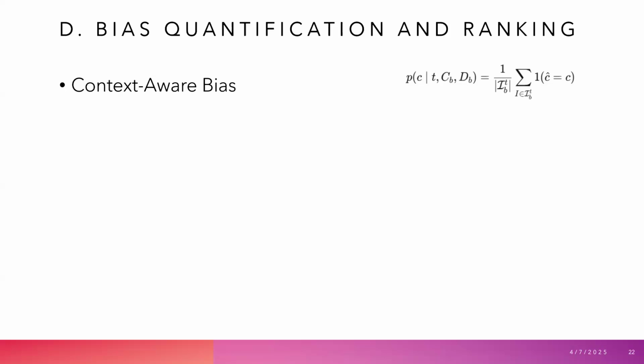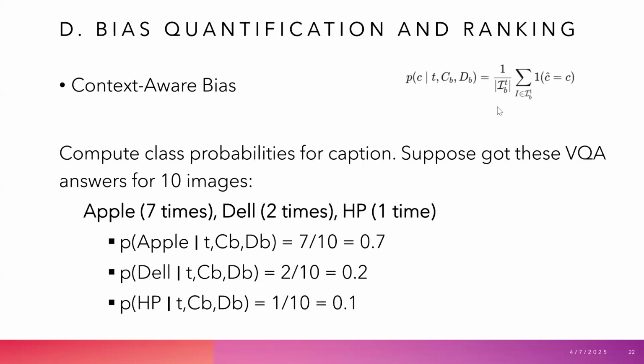If you see this equation, if the VQA answer matches the class, it will store the value as 1, otherwise it will give 0. For example, the VQA answers for these 10 images are 7 times Apple, 2 times Dell, and 1 time HP. This is the class probability, and this is how it computes the class probabilities.